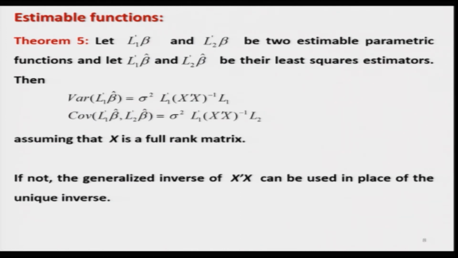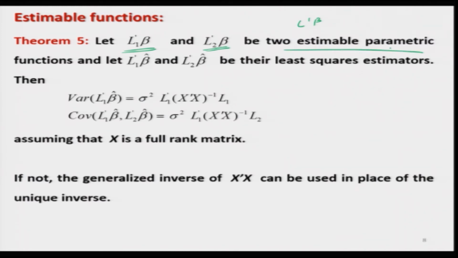Now after this we have one more result, Theorem 5, which is about two estimable linear parametric functions based on the ordinary least square estimator, and it gives us a result about their variances and covariances. Suppose we have two different estimable linear parametric functions, L1 prime beta and L2 prime beta.